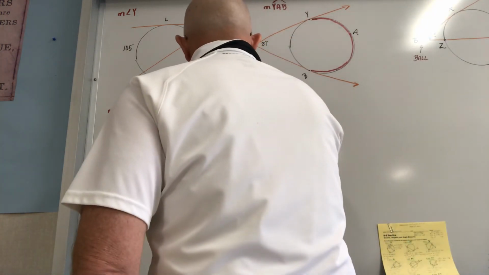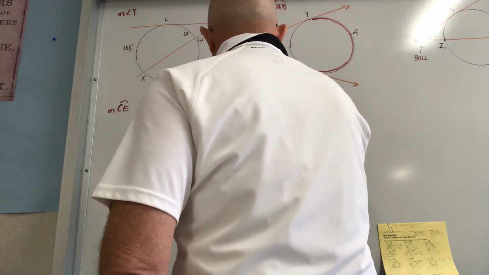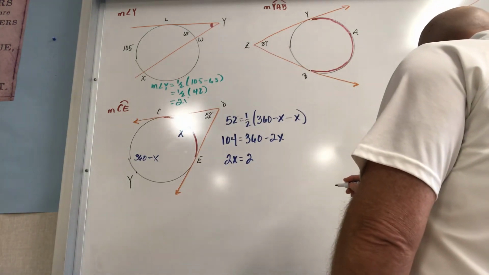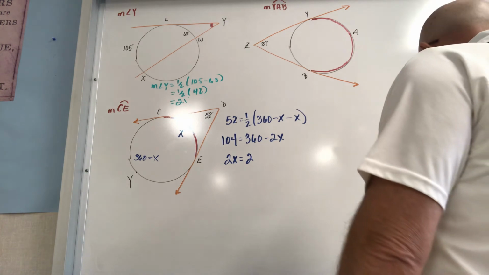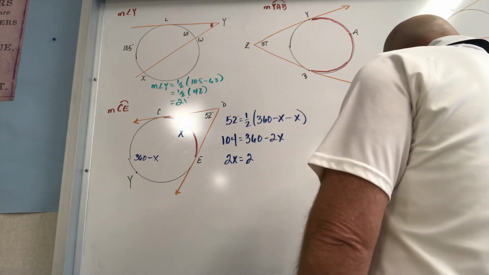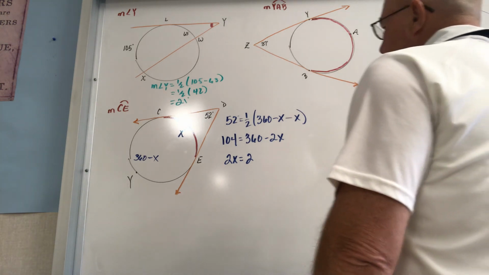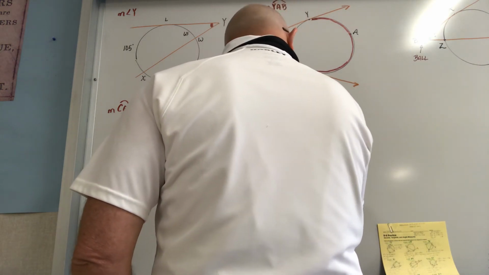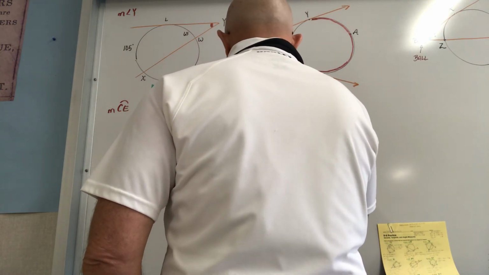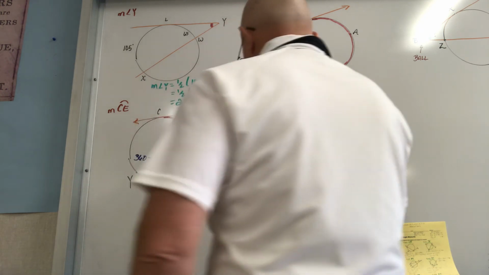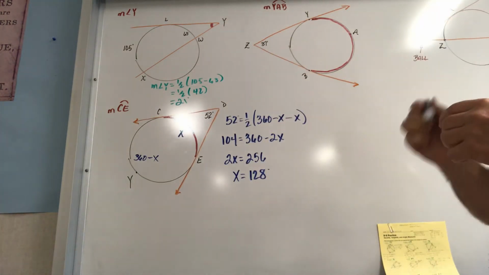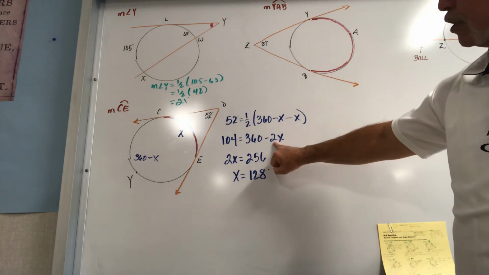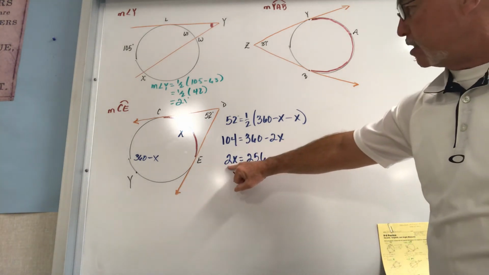So here we go. What I did was I moved the 2x to this side to make it positive.